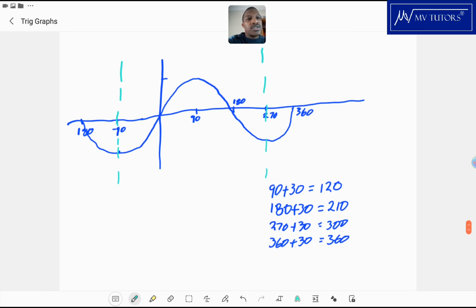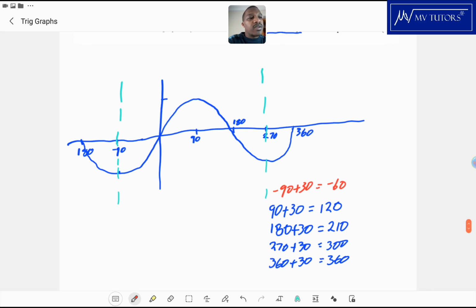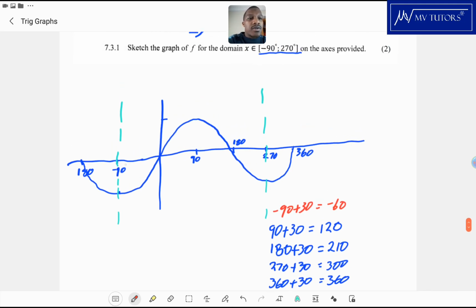Okay, so what does this mean? We're starting at minus 90. We have to draw the correct graph now. It starts at minus 90. Let's add: minus 90, if we add 30, becomes minus 60. So that means it's over there.